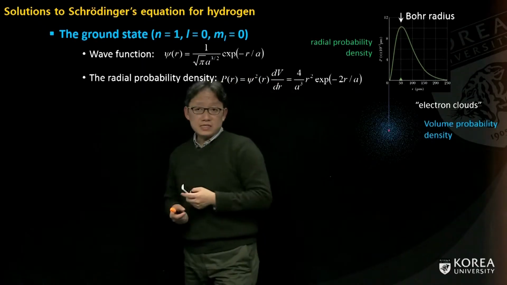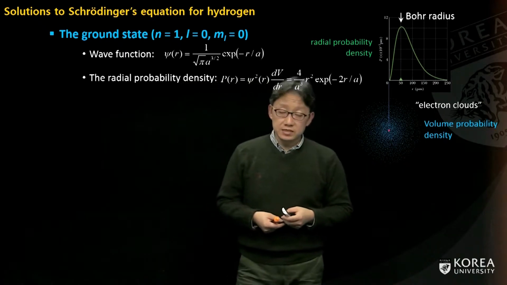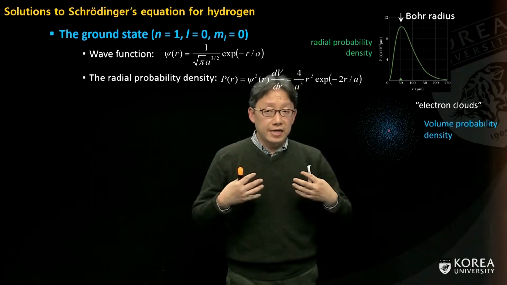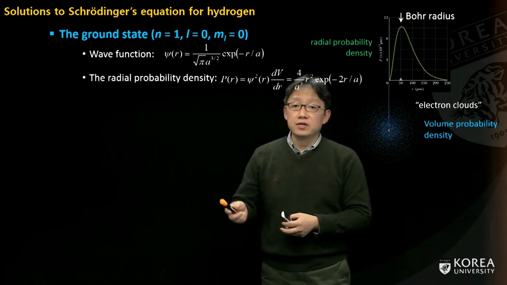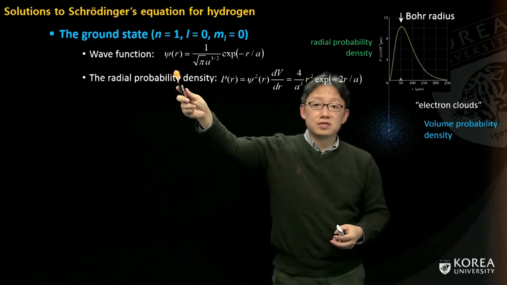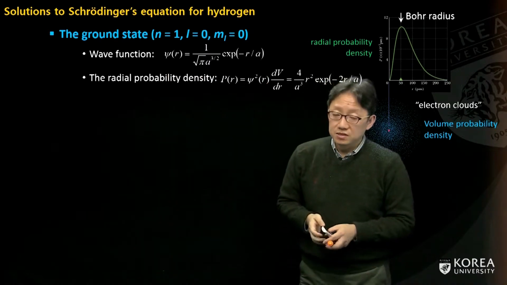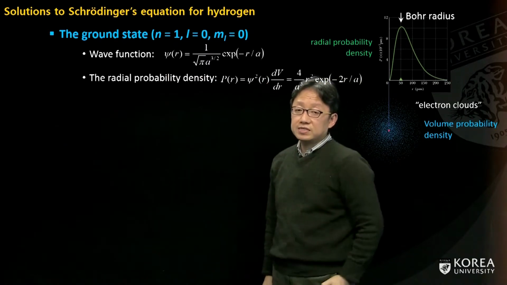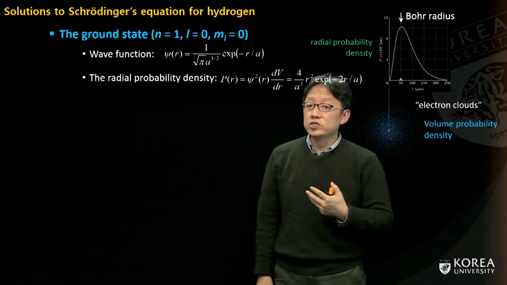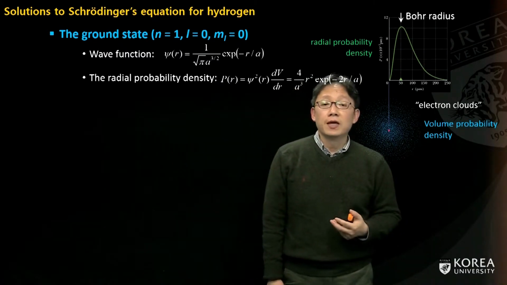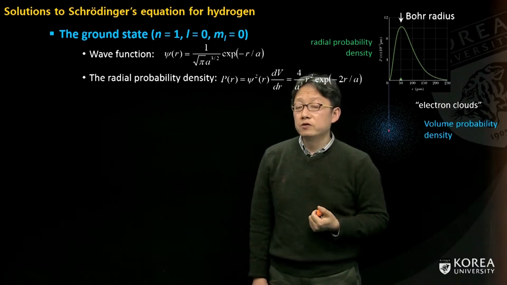Okay, now this is how the ground state, which means the lowest energy state, looks like. Mathematically, it is just like this. It looks a little bit difficult, but the important thing is that it is exponential of minus r, which means that if you go far away from the center, the wave function will become very small.